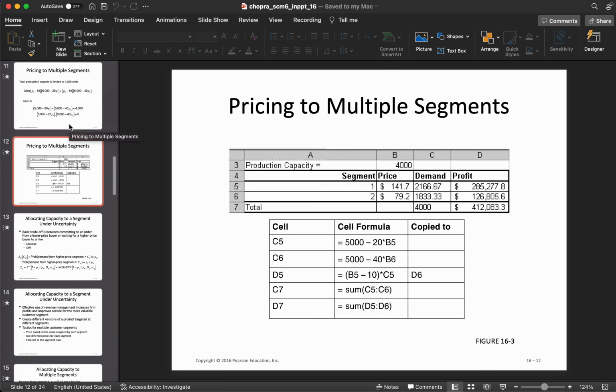So if you're able to plan this in such a way with these two segments, you say that 4,700 is what my demand should be optimally, then you should plan for 4,700. You will make that extra $8,000 in profit. Otherwise, if you already have this constraint and you have to work within the constraint, the maximum profit that you can make is $412,083.33. And that's pretty much it, right?